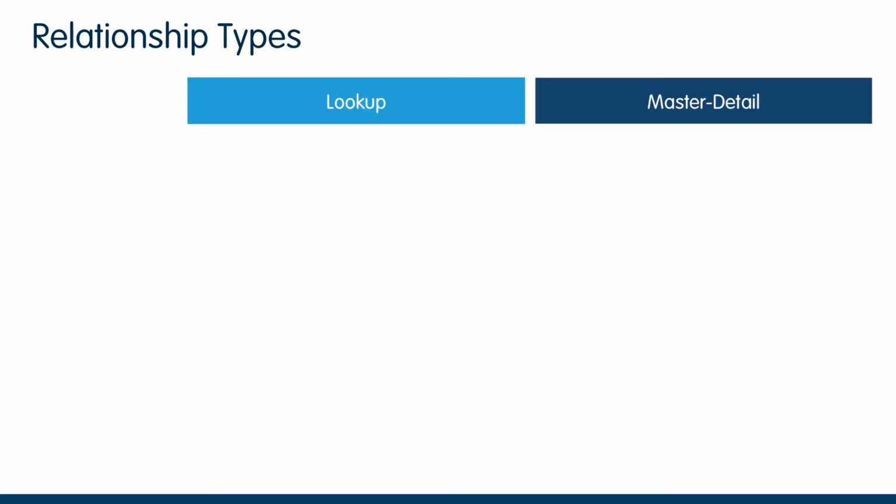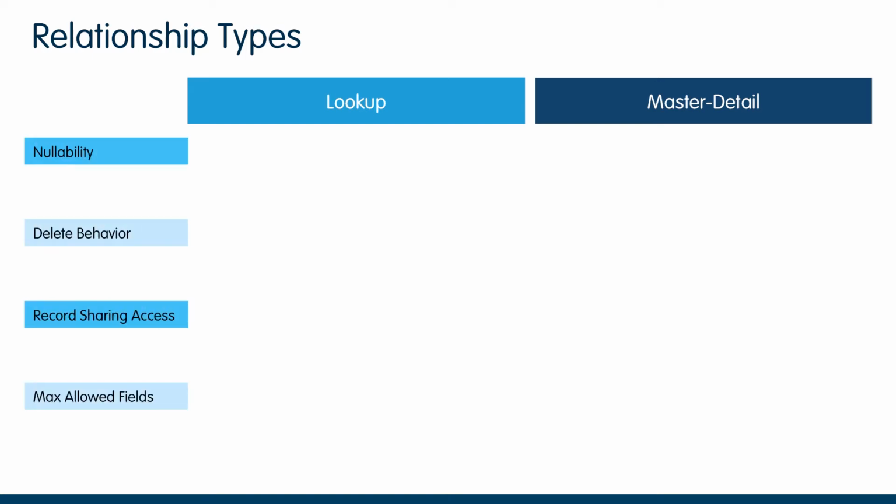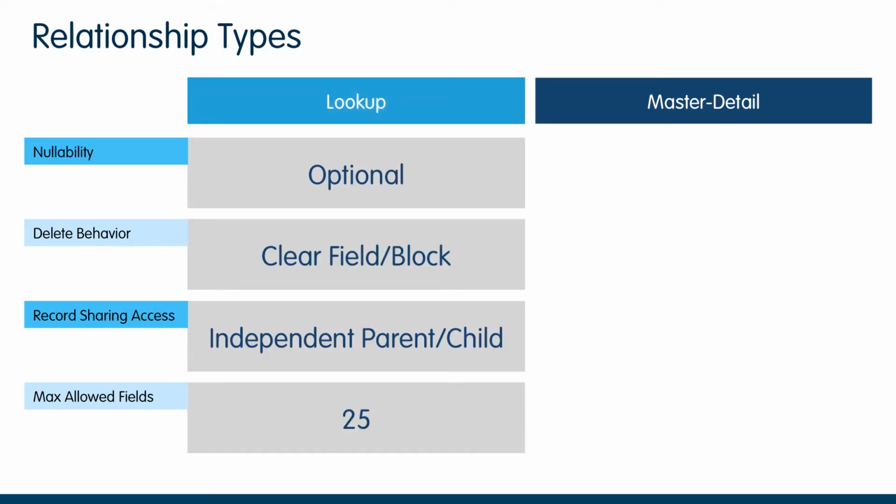There are, in fact, two types of relationships within the Force.com platform. We call them lookup relationships and master detail relationships. In many respects, there are a lot of similarities, but there are some important differences. So if we look at, for instance, nullability, if you create a lookup relationship between two objects, it's optional whether there's anything to look up to.